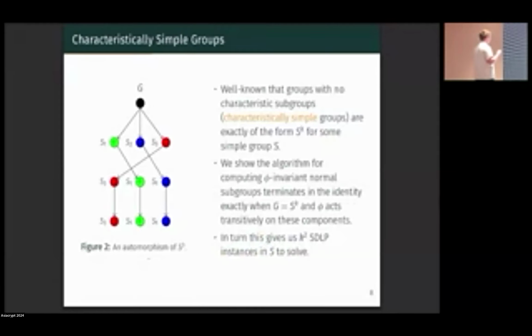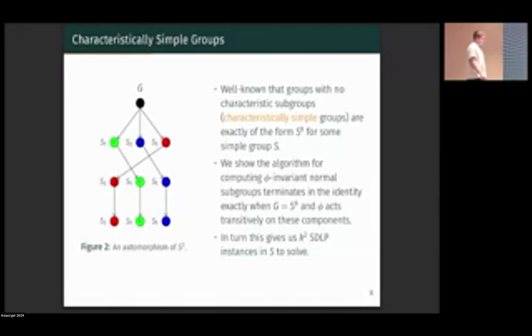These guys are called the characteristically simple groups, and it's reasonably well known that these things are just the direct product of so many copies of a simple group, and so the automorphisms of these things look like a sort of permutation and then application to each component.